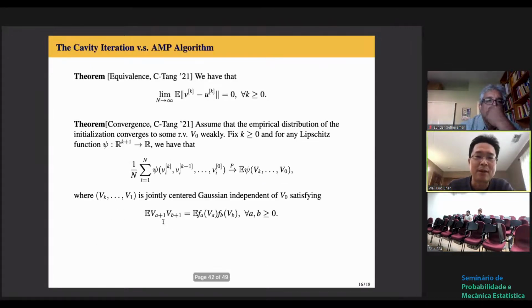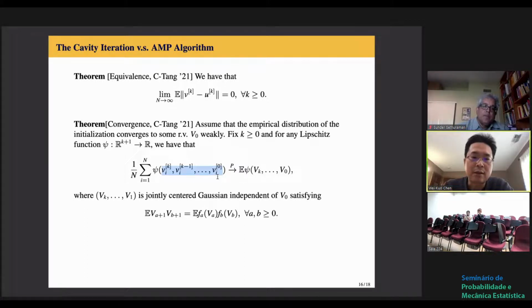Okay, and another thing is that we can also show that our iteration is convergent, right? So what you see is that again you write down your vector, and now you look at it, it's sort of law of large numbers stuff.